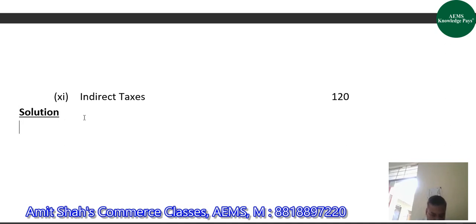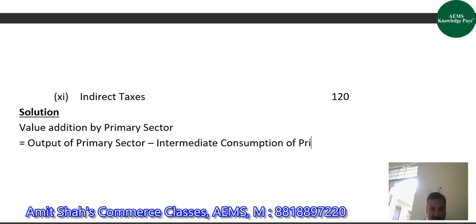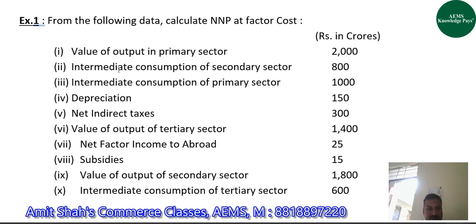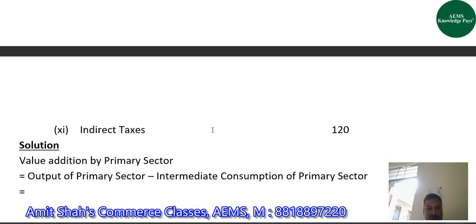So here we will first calculate the value addition by each sector, that is output of the primary sector minus intermediate consumption of the primary sector. Output of the primary sector is 2000 crores, and intermediate consumption, that is input, of the primary sector is 1000 crores.